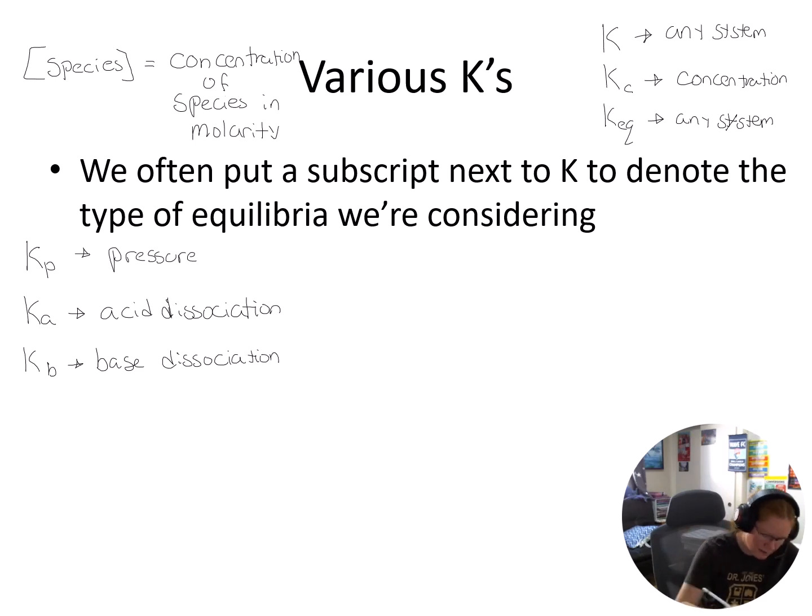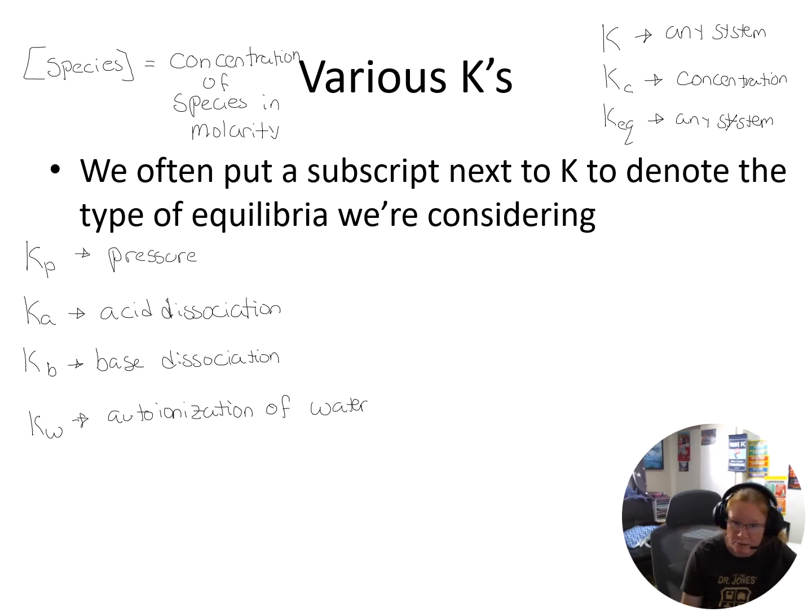Kw, which you should have learned in your prep class. This is that auto-ionization of water, so when water is in equilibrium with itself. And then Ksp is what we call the solubility product.